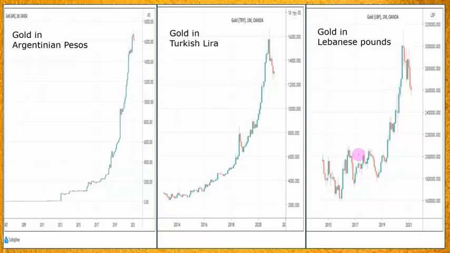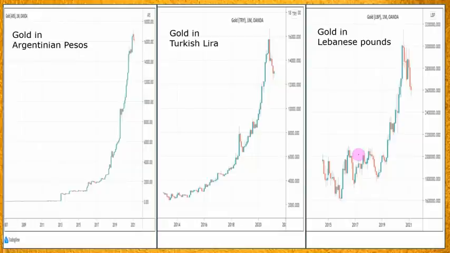What about gold prices in each of these countries? We can see that when priced in the local currency, all of these have seen consistent rises. But bizarrely, Lebanon has seen the lowest rise in percentage terms, even though it had the highest inflation rate of everything.